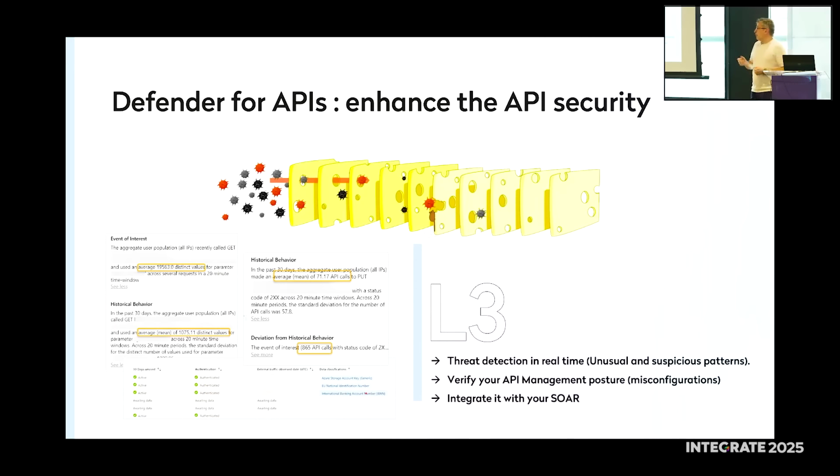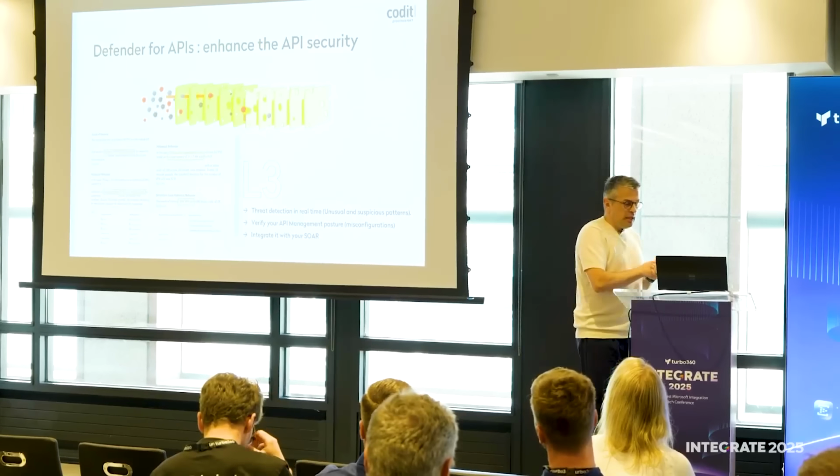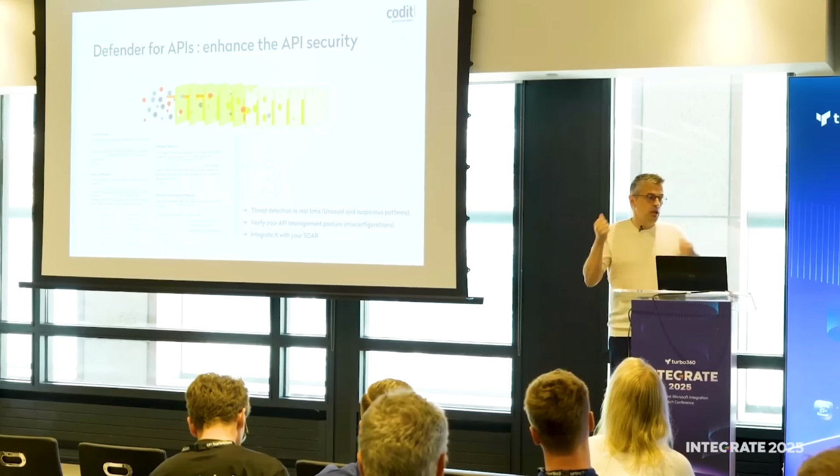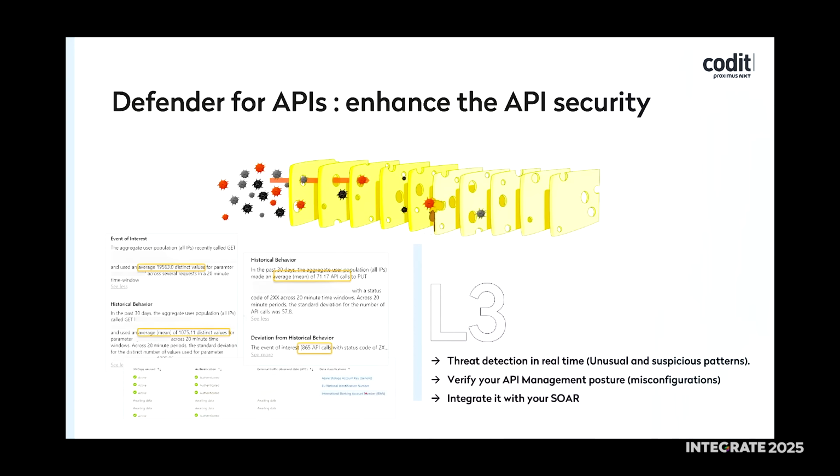Good things of Defender for APIs, you can integrate the result with your SOAR, and it also does some analysis on your API management for misconfiguration. And second thing is also identify, you can see here some personal information and some misconfiguration in authentication, and then it can also be integrated with Purview for your data governance.